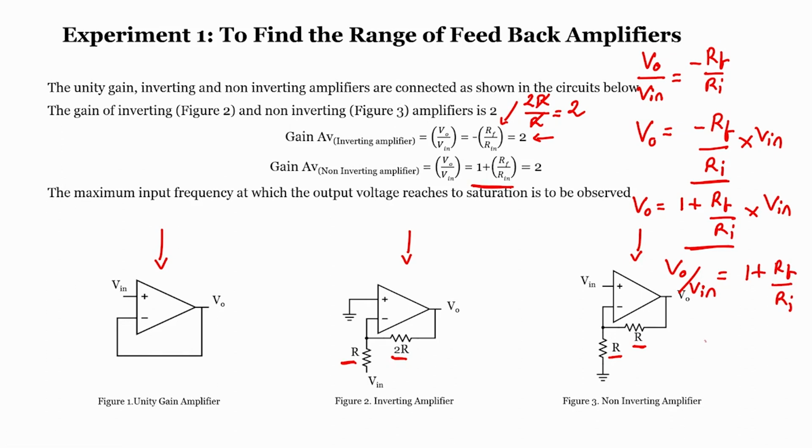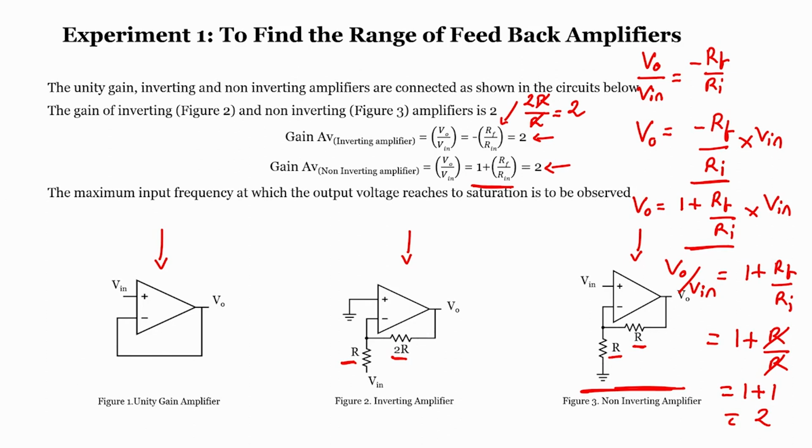Now, if I substitute the value for the inverting amplifier, RF is 2R, so 2R divided by R is 2. So, we get 2. Now, in the case of the non-inverting amplifier, VO by V in equals 1 plus RF by R in. If I substitute values, 1 plus RF, which in this circuit is R, divided by R in, which is R. So, R cancels, that is 1 plus 1, which equals 2. So, here also we have 2. Thus, the gain of the inverting and non-inverting amplifier for the circuits shown is the same.